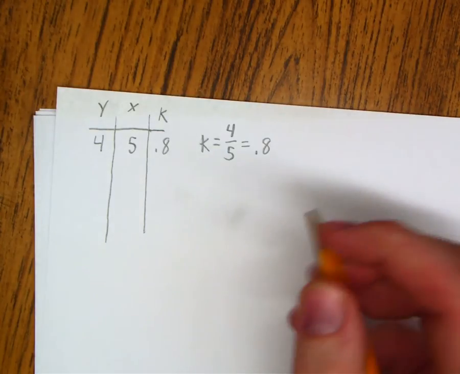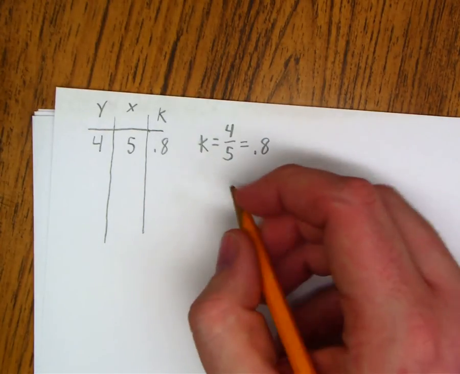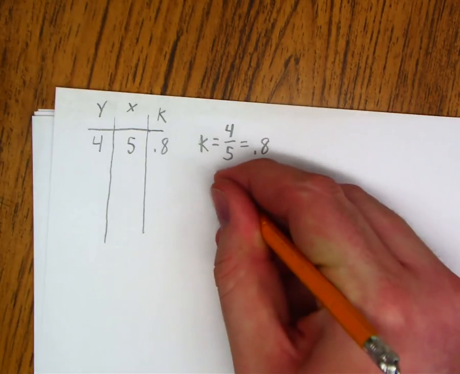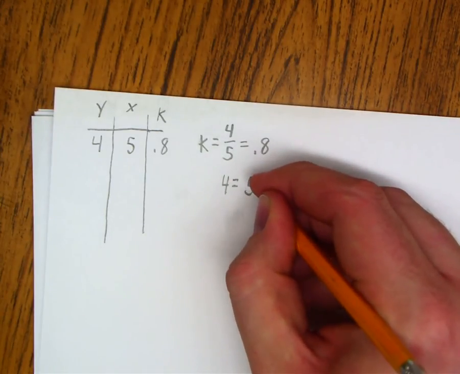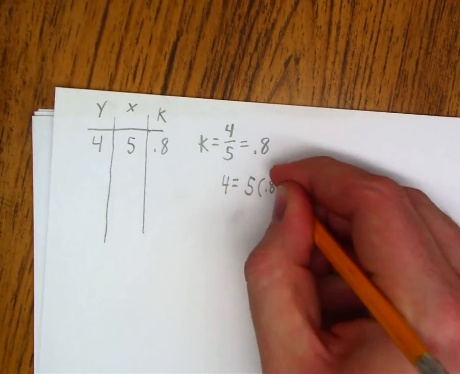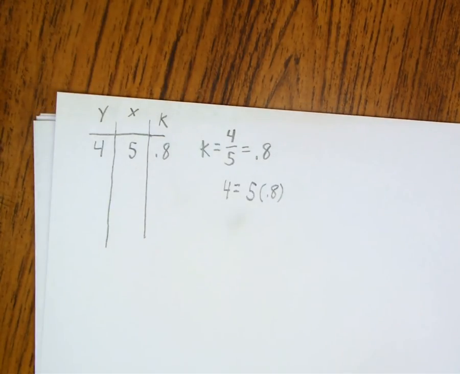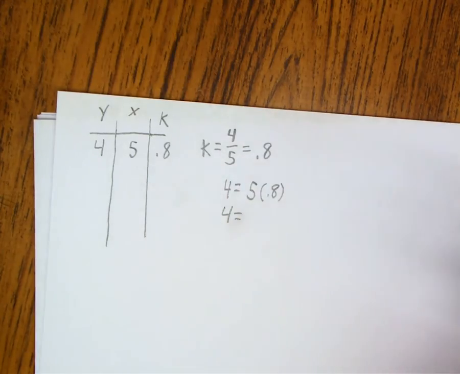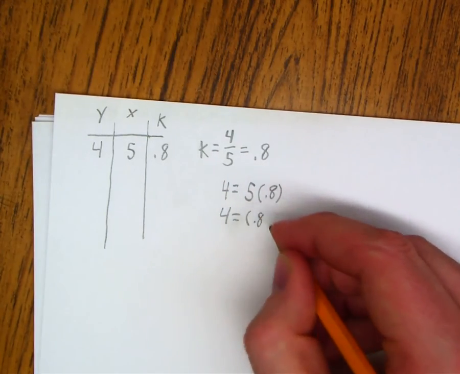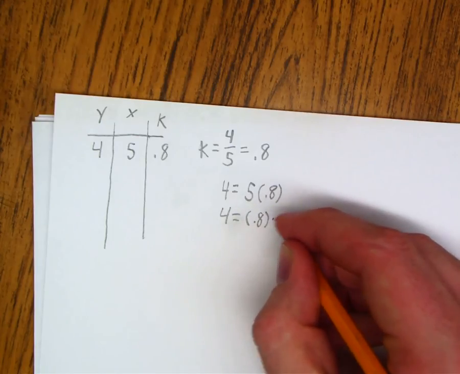From that same set of knowledge, we can say that 4 is equal to 5 times 0.8. We can also say that 4 is equal to 0.8 times 5.